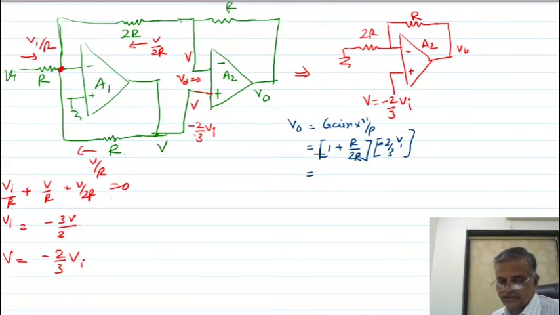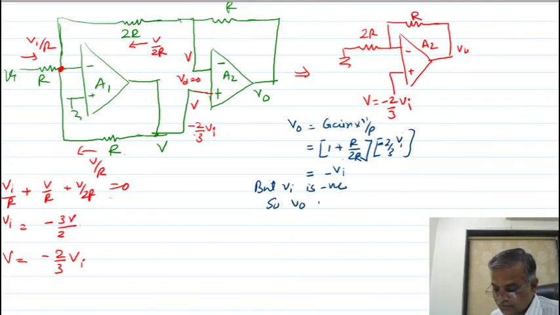This gain, 1 plus R by 2R, is 3 by 2. This is 3 by 2, this is 2 by 3, so it is minus Vi. But Vi is negative, so Vo is positive.